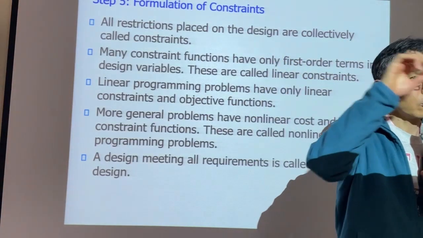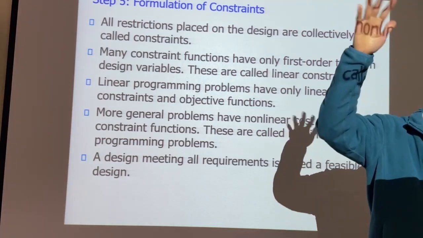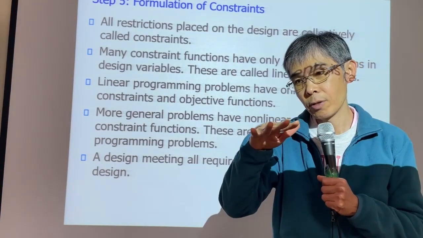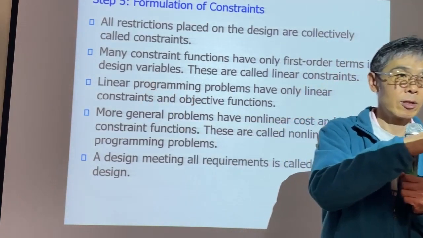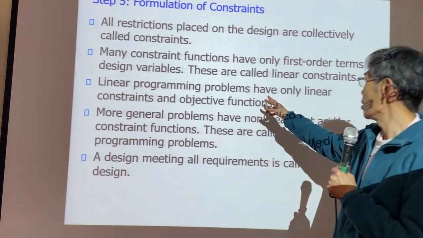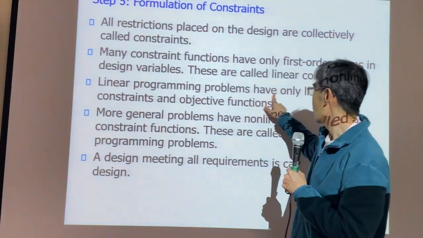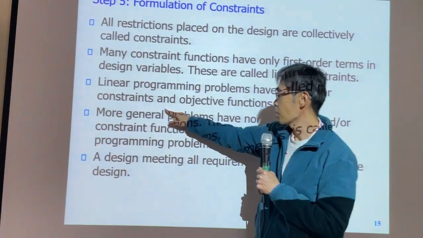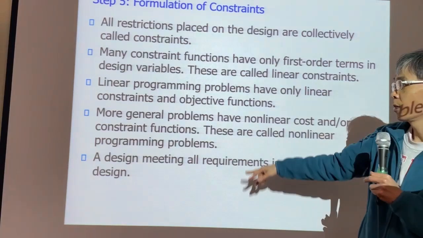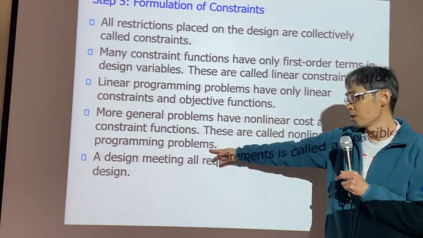That's all, no square term or cubic term, no higher order terms. If the objective function and constraints are linear, with no higher order terms, it is linear programming. Other than that, it is nonlinear programming.